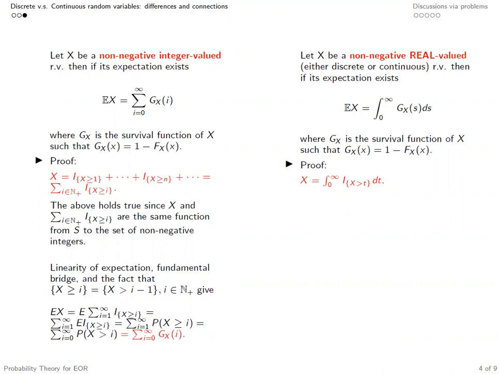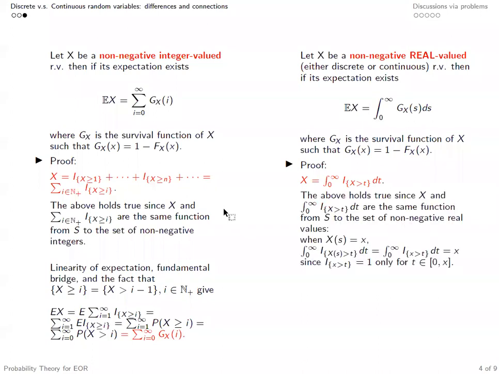If X is a non-negative real-valued random variable, we can generalize the identity on the left panel to this case. This is a general formula that holds true for non-negative real-valued random variables. Why? The argument is similar.